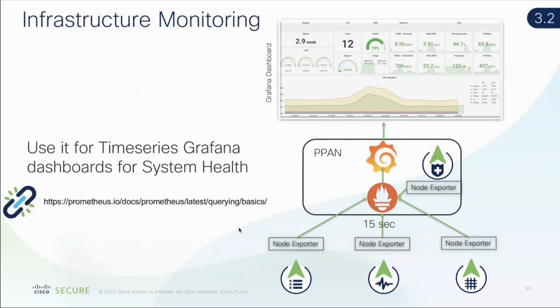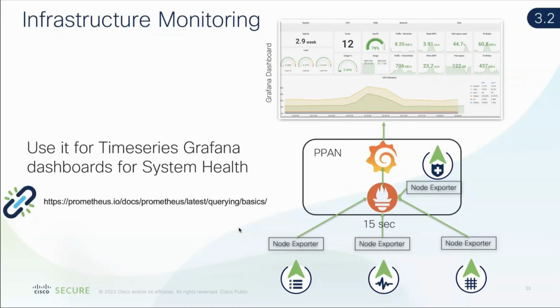Now, when do we need to make use of this infrastructure monitoring? You can make use of this for your system health monitoring purposes. It runs every 15 seconds at this point of time. There is no customization of that 15 seconds at this point.